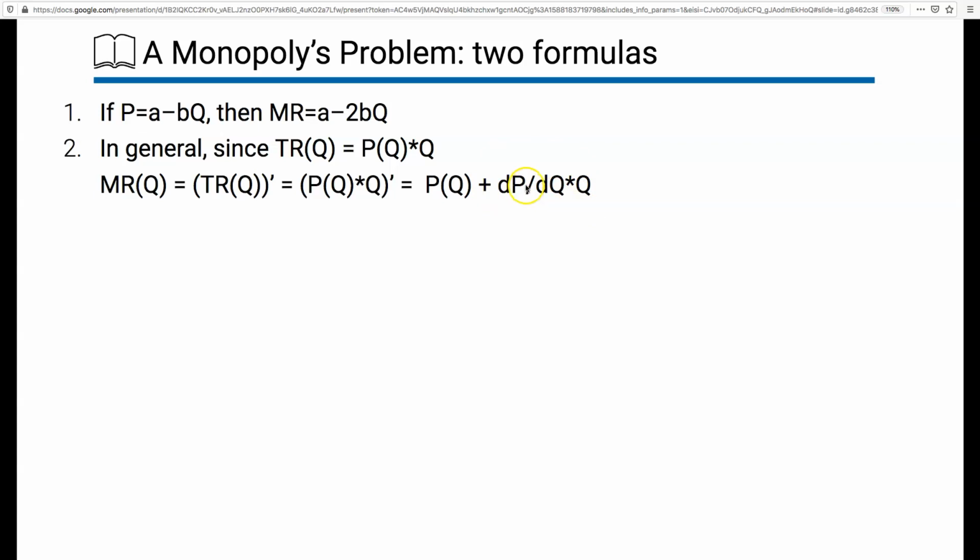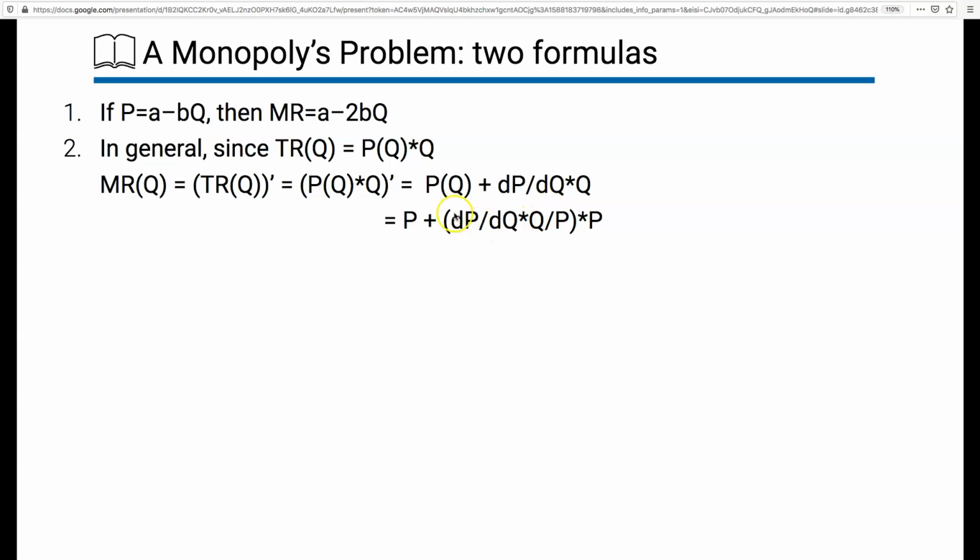We have change in price, change in quantity, what's missing is the price, so I'm going to add it, and I'm going to rewrite that second term as something elasticity-like, and because I'm dividing by the price inside the brackets, I have to multiply outside of the brackets to keep the expression equal to what it was in the previous line.